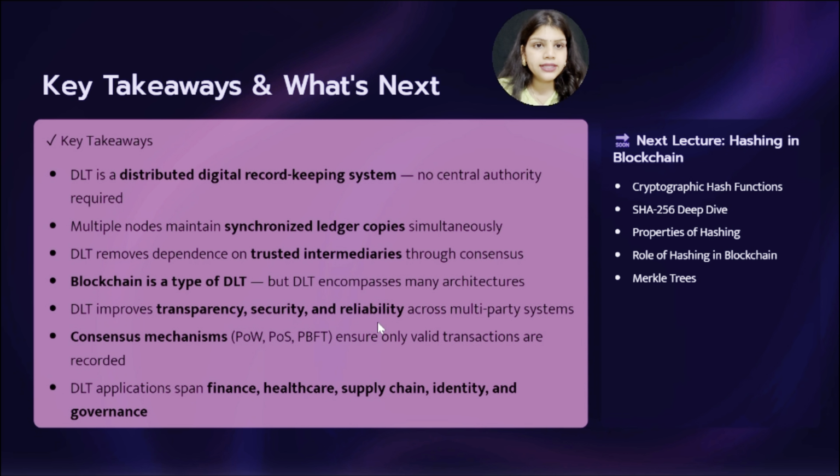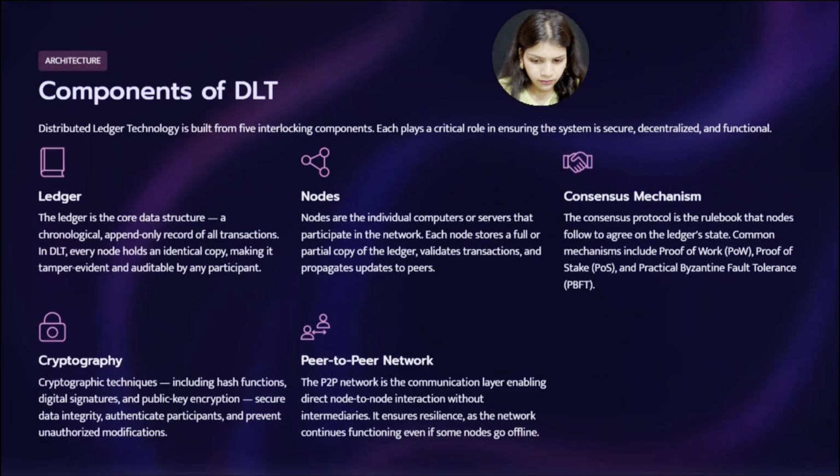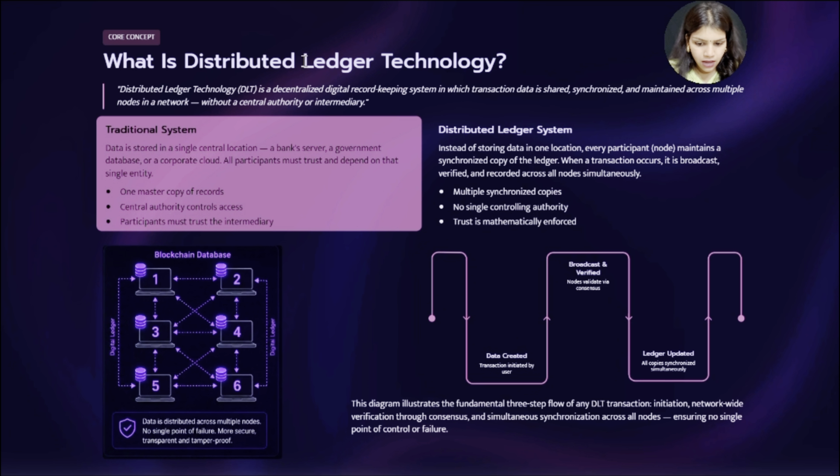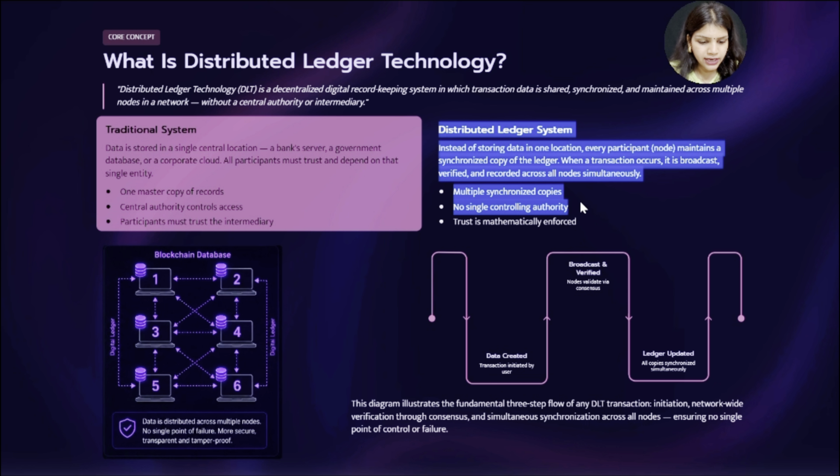Okay, so let's have a recap of all this. Distributed ledger technology is a decentralized system in which transaction data is shared, synchronized and maintained across multiple nodes. Okay, so here the distributed ledger system has multiple synchronized copies and no single controlling authority.